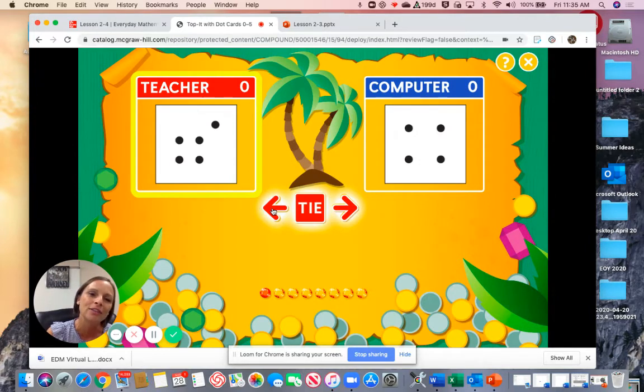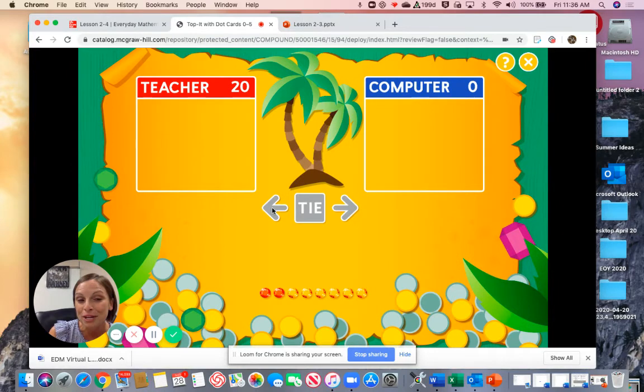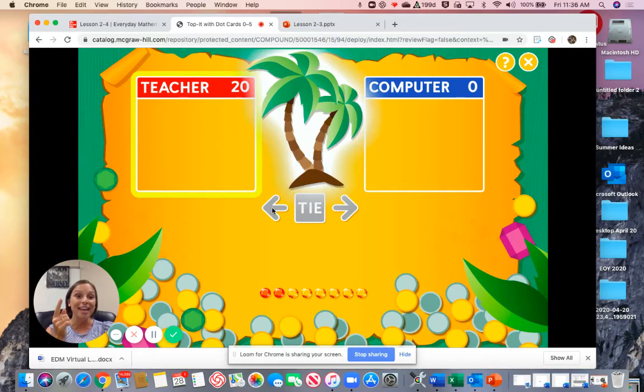So I'm going to click this button. Great. You got it. How about that? This player gets points for having the larger value. Did you also notice how we didn't just play the game, but we're actually sharing our thinking too as mathematicians?